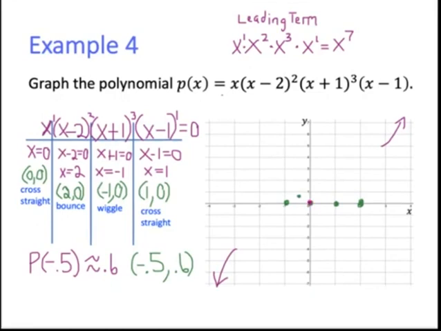Now let's find a test point in the interval from 0 to 1. A nice central point is 0.5. So we're going to calculate P of 0.5. When you put that into your calculator, you're going to get approximately negative 1.9.